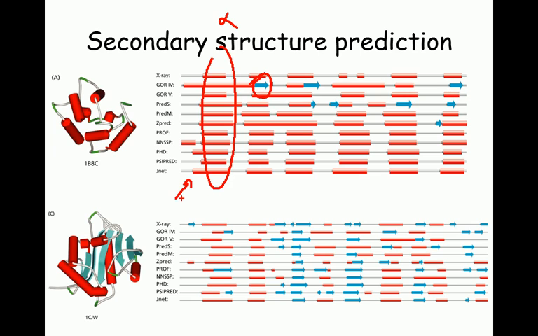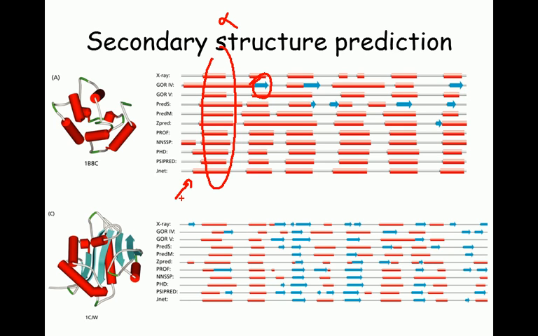And the reason is that for beta sheets, you need non-local interactions. Okay? So that is a challenge for most prediction methods, because prediction methods usually use a local window. Right? So you use local information to make the prediction. So anything that is folding based on the local interactions, you will be able to predict more accurately. Right?